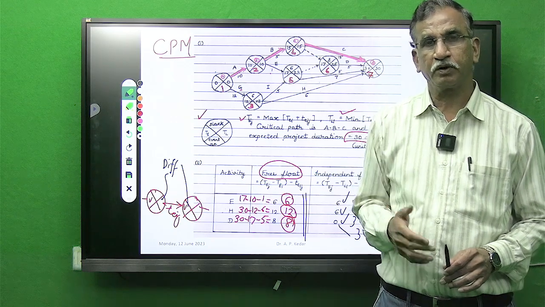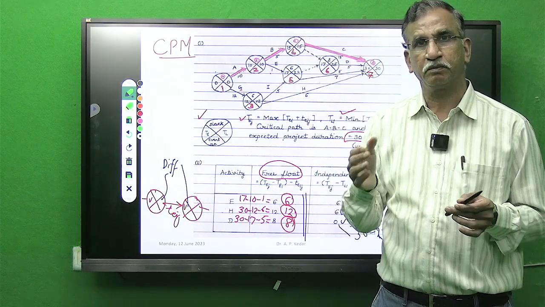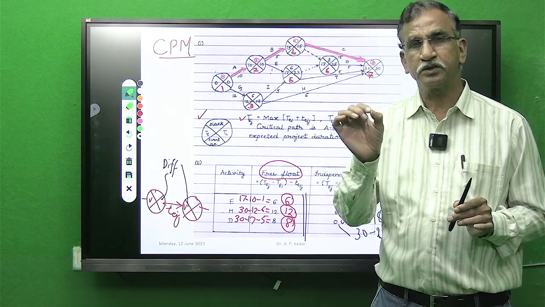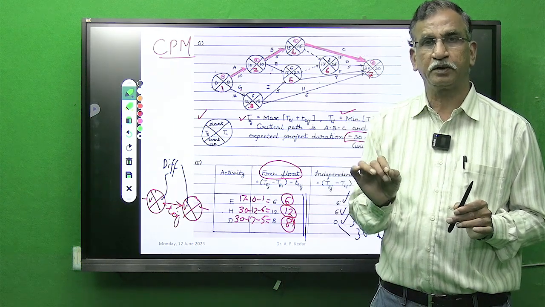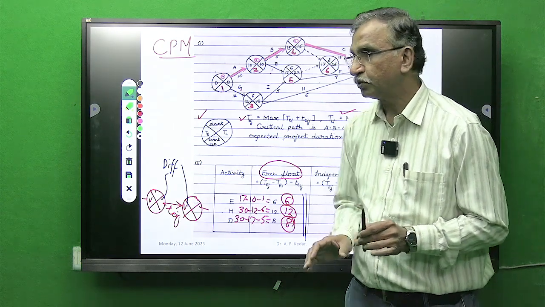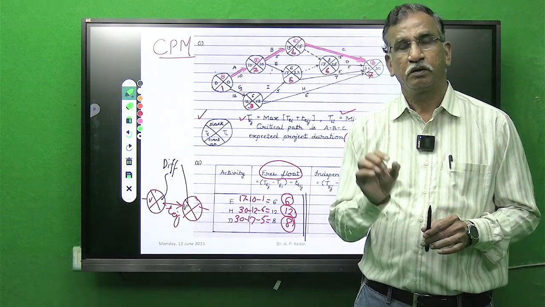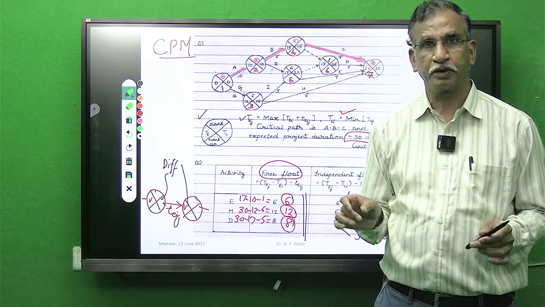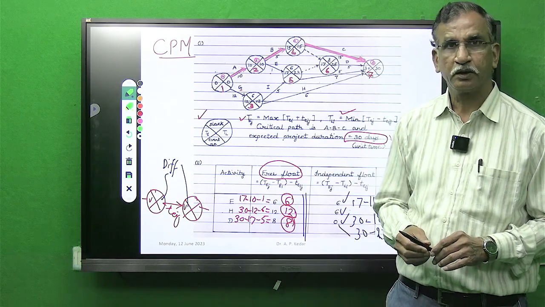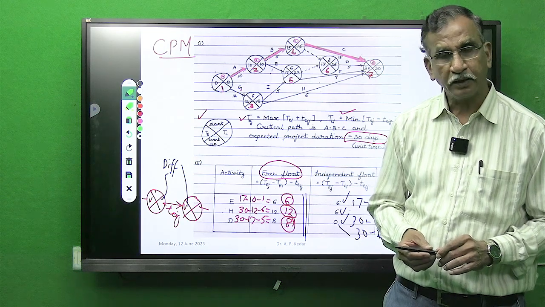Your mastery will be developed only if you attempt to practice more and more networks. A slight change in the value of a dependency parameter changes the entire network. So today we'll stop at this point. We have finished with PERT logic and CPM logic. Practice a number of problems so that you develop mastery in PERT and CPM.